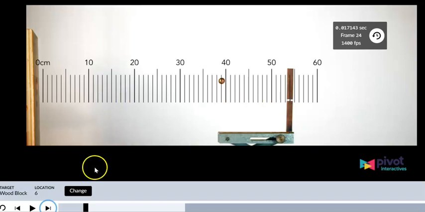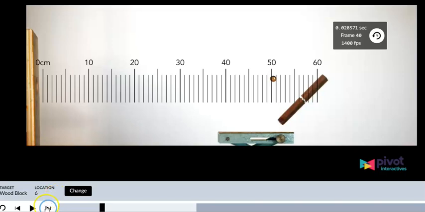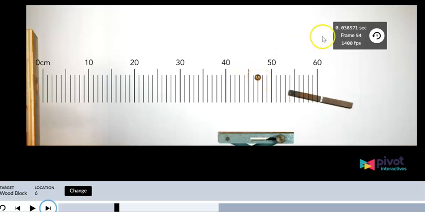And then the second person will wait until after the collision, and now you can see it's traveling more slowly, right? Because every time I move forward a frame, it doesn't cover as much ground on the ruler. Person number 2 will also write down 47 centimeters and the timestamp that goes with that.